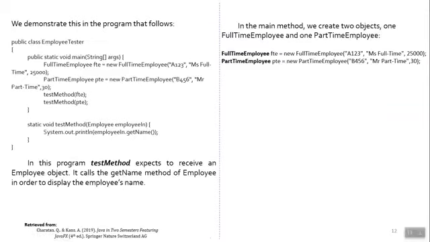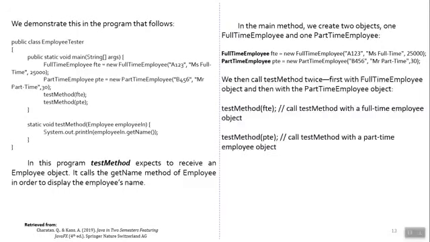In the main method, we create two objects, one full-time employee and one part-time employee. We call the test method twice, first with the full-time employee object and then with the part-time employee object.